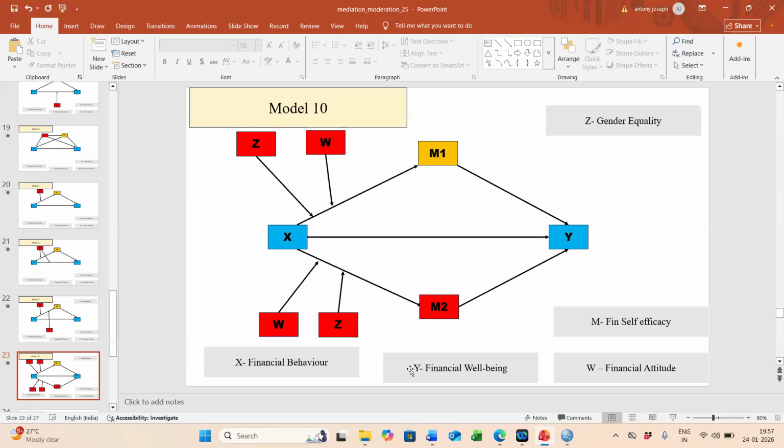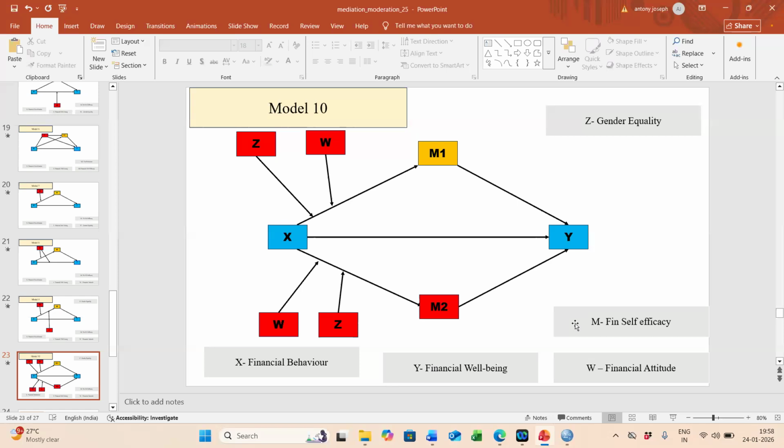Then you have to think about the relationship between behavior and self-efficacy. Somebody else may say that self-efficacy can create behavior or can influence financial behavior. That's true.